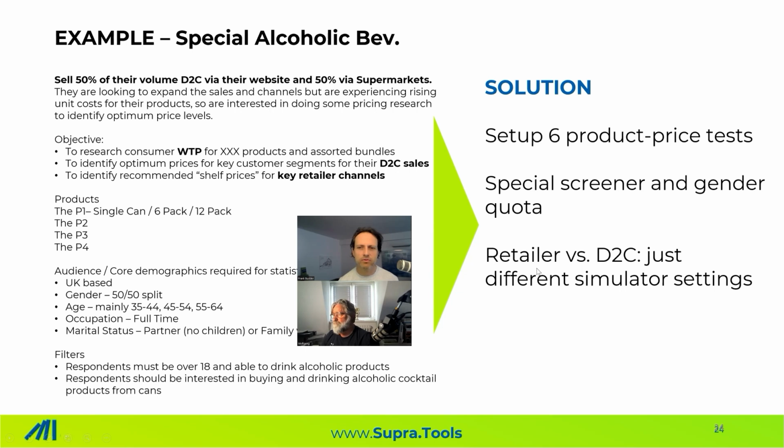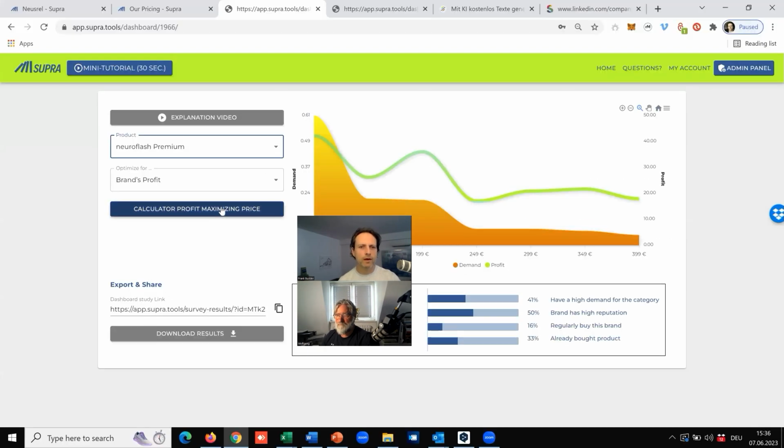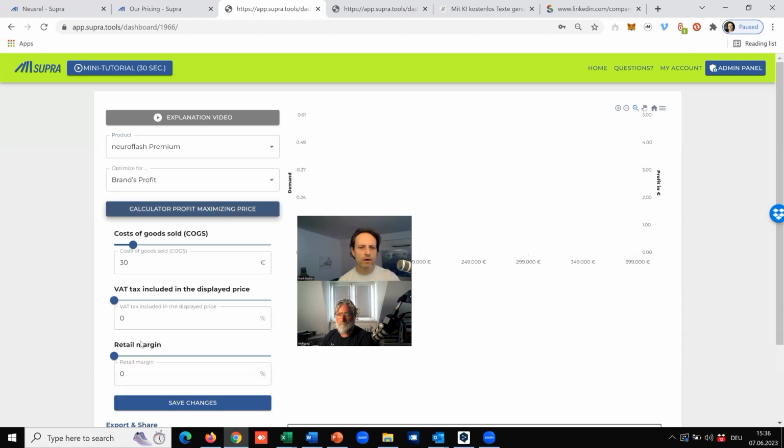And actually, to get the retailer versus the direct to consumer price is basically what you get in the Supra tool. So maybe I can show you that. I don't know if you have it here.